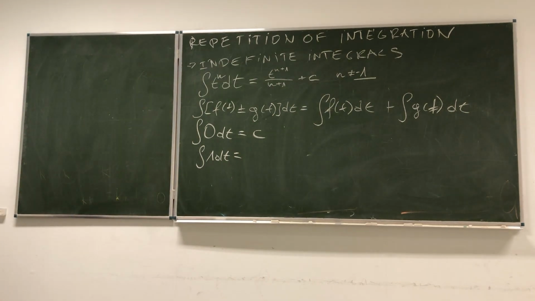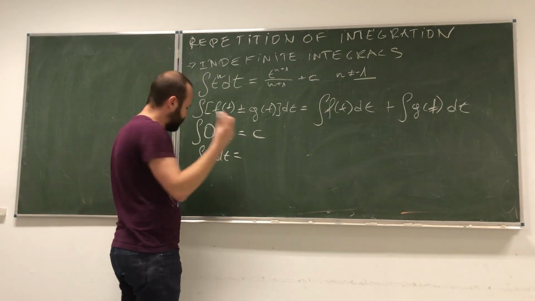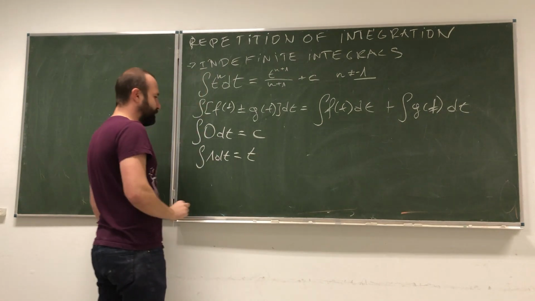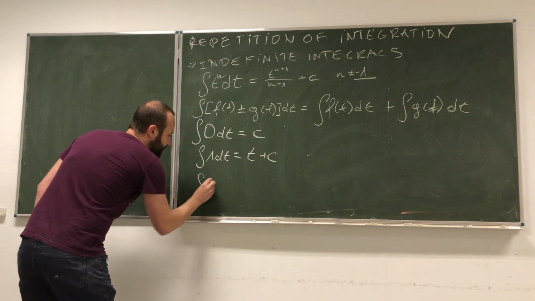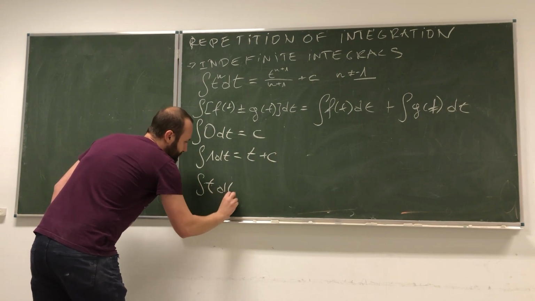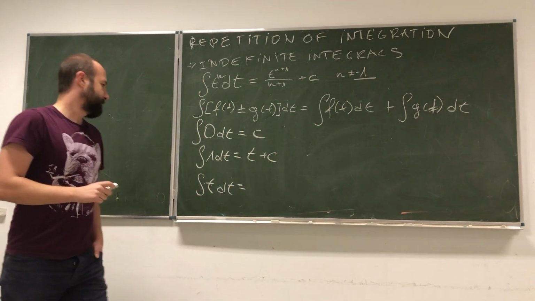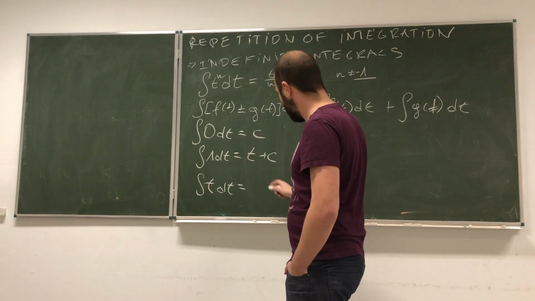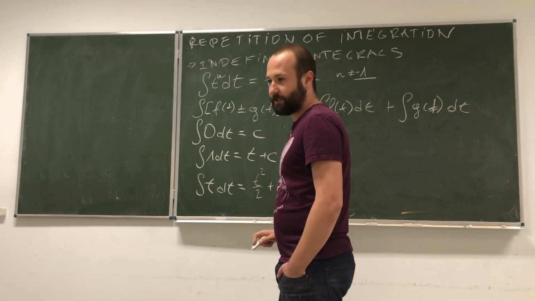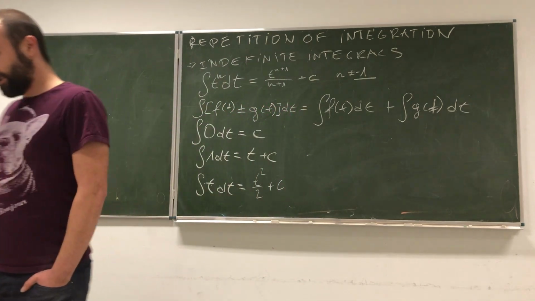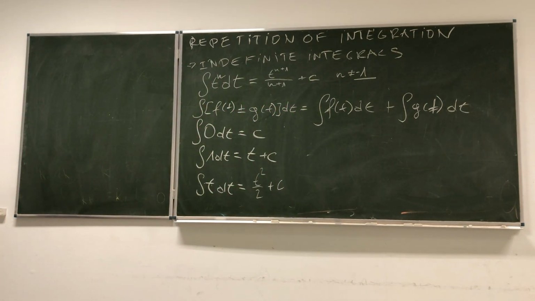What gives us in derivative 1? Well, x. Normally, at this time, this would be t, but of course plus c. And what is integral of t dt? Well, now we just need to use the formula, and this will be t squared over 2 plus c. I hope you're starting to remember it better and better.